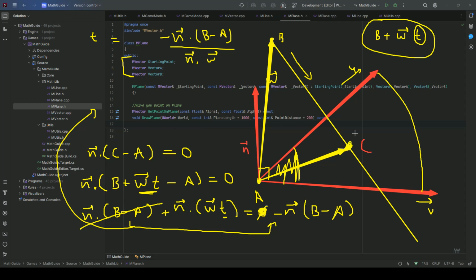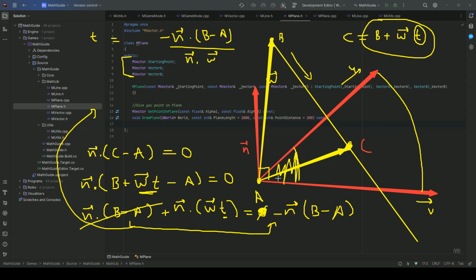So to represent some point on the line, we already know the formula, like B plus vector into some alpha. So in this case, alpha is T. Okay. So this is 1. So if I do want to write point C, so C point will be B plus WT. This is our C point. Okay.